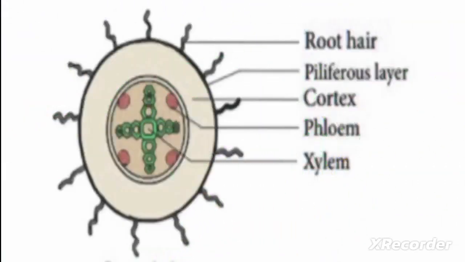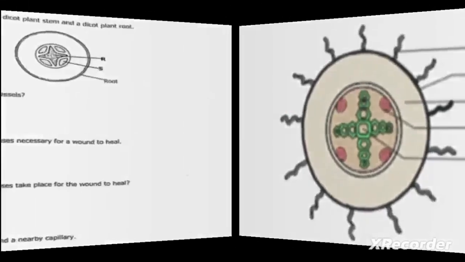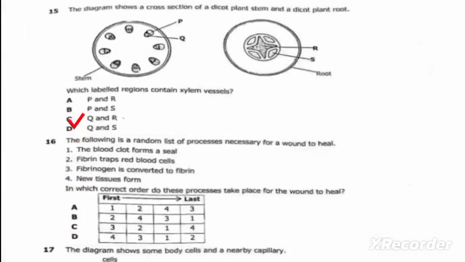For the dicot root, the xylem is found at the center, then the phloem is found here. So therefore our correct answer is C. Here the xylem is this one, and here the xylem is this one.